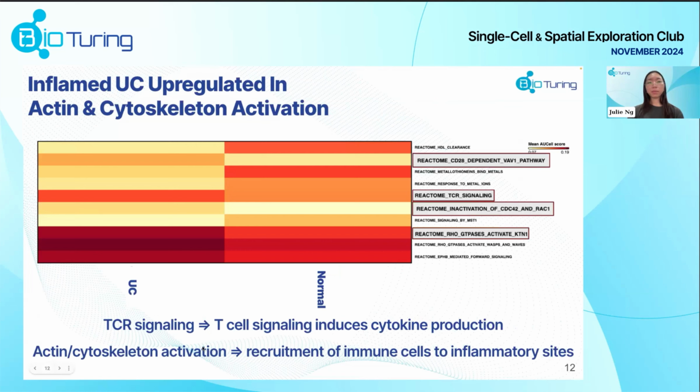And the reason why we might be seeing this is because there might be some recruitment of immune cells to these inflammatory sites. Okay, so we see upregulation of actin and cytoskeleton activation.